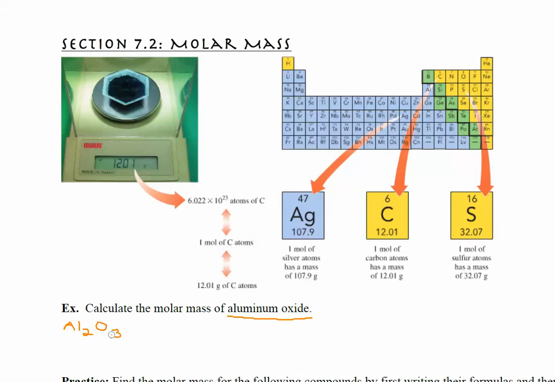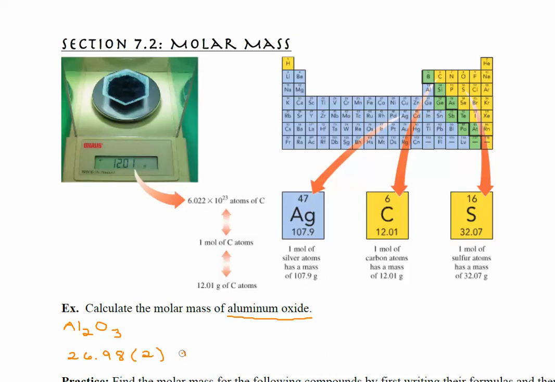All right. Now, what you need to do is find the average atomic mass of aluminum and find the average atomic mass of oxygen. So if you look at your periodic table, aluminum has an average atomic mass of 26.98. Okay. There are 2 aluminum, so I'm going to multiply this by 2.